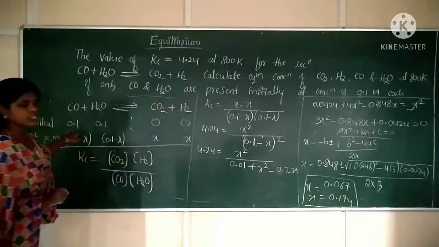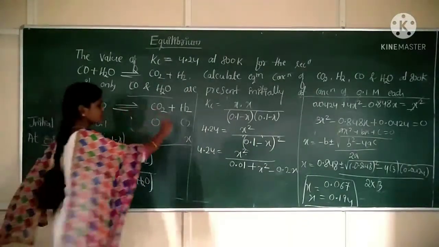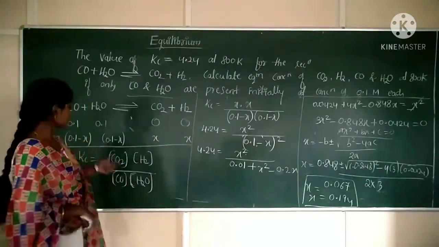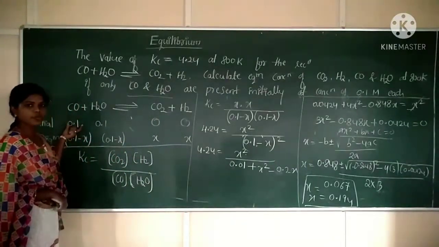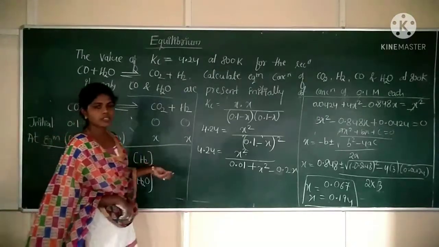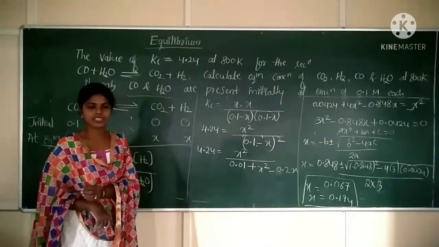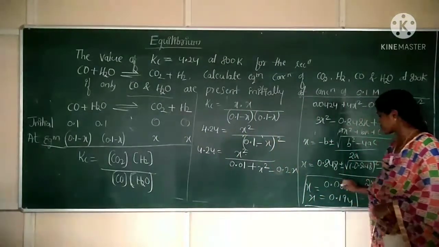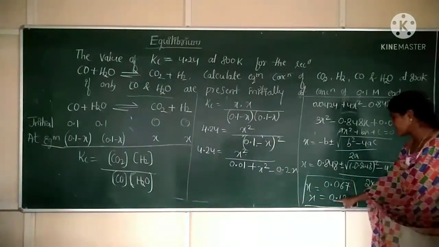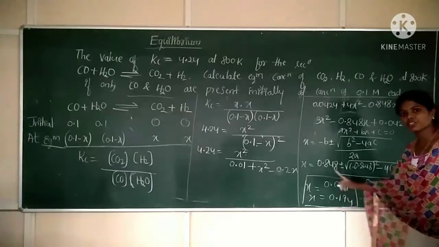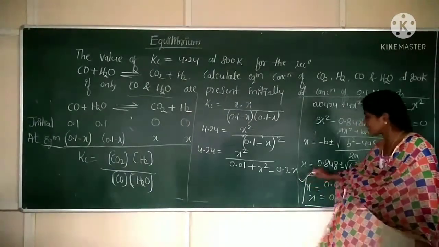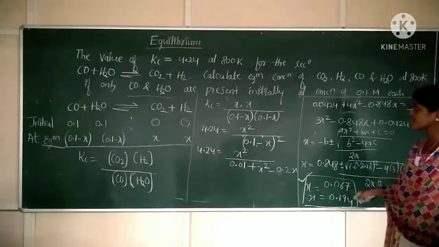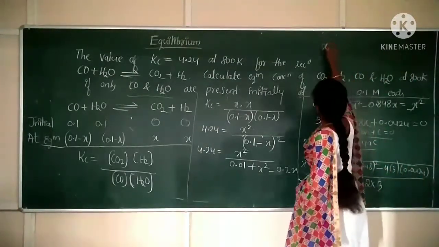Initial concentration is 0.1, so when concentration decreases, it should be less than 0.1, correct? As the reaction proceeds, reactant concentration should decrease. So which value is less than 0.1? 0.067 is less than 0.1, whereas 0.194 is more than 0.1. So we should take 0.067. So the x value here is 0.067.